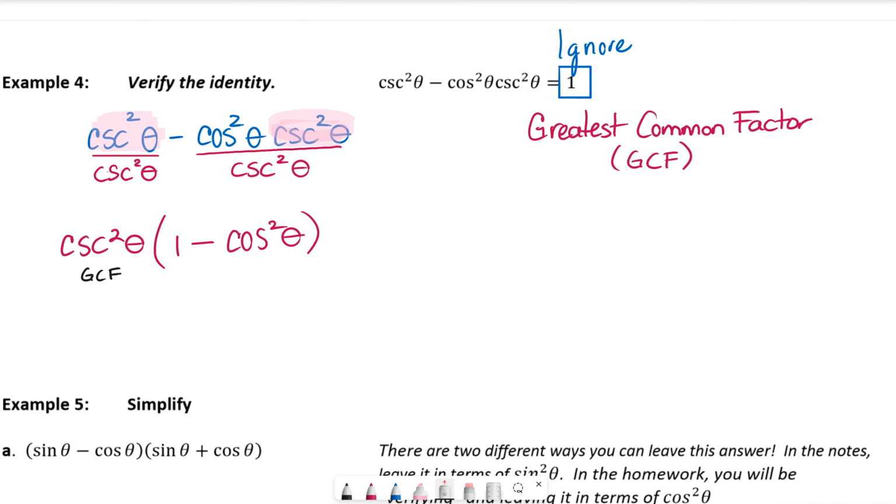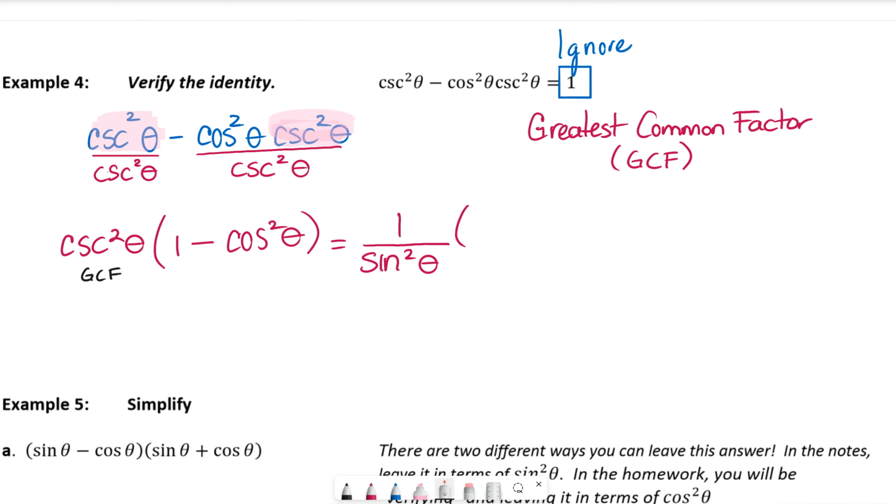Okay, and that makes sense because if I multiply this times this, I do get my original problem. And if I multiply this times this, I get this part of my original problem. So I didn't change anything. But what I gave myself an opportunity to do, well, cosecant squared theta, this right here, I'm going to rewrite it as 1 over sine squared theta.